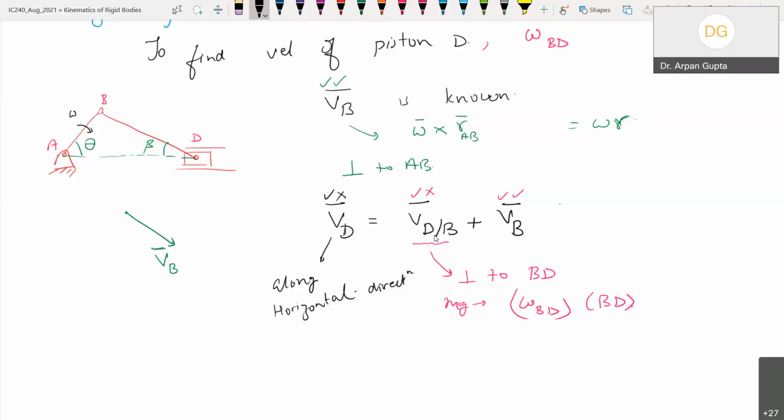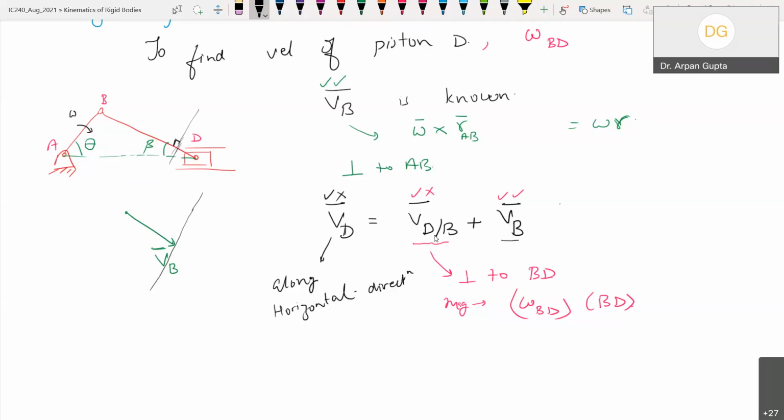So how do we solve it? This term we have drawn. So this is the VB vector. Now on this vector, I'm going to add this vector VDB. VDB is perpendicular to BD, right? So this is the direction, and in this direction I will draw something like this. This direction and this direction are parallel, and this is perpendicular to BD. Then this vector added with this vector should lead us to a vector which is horizontal.